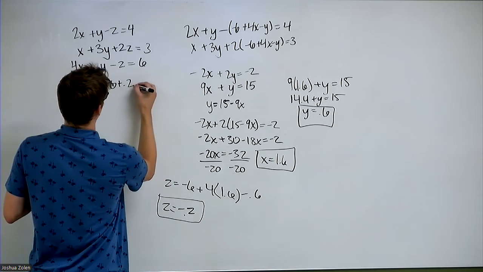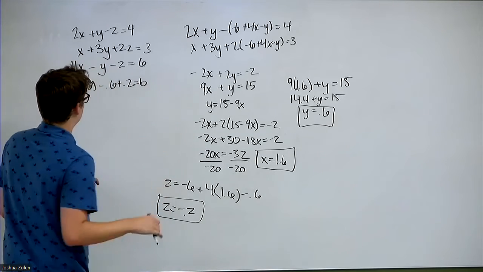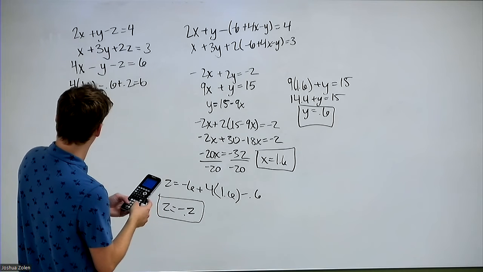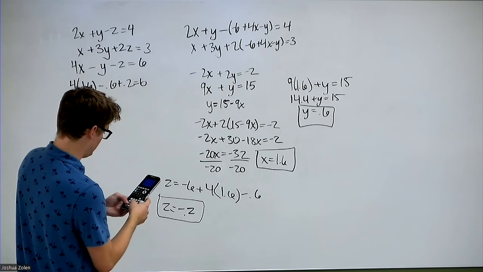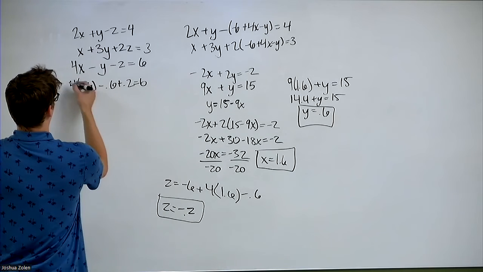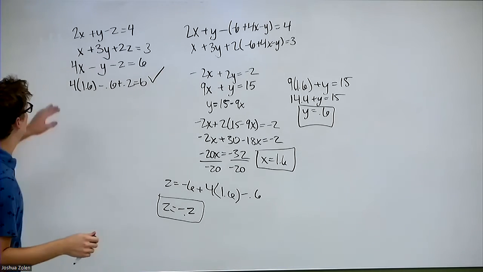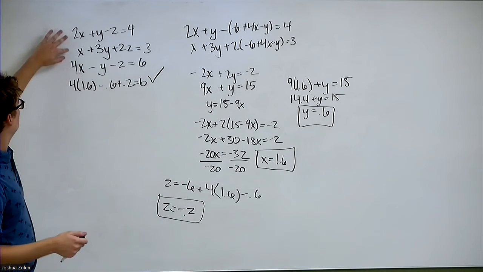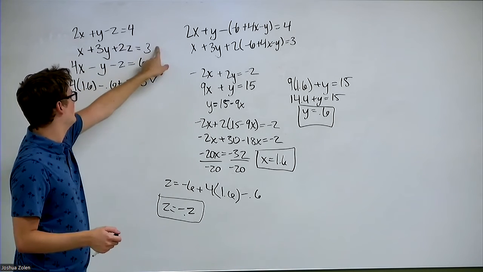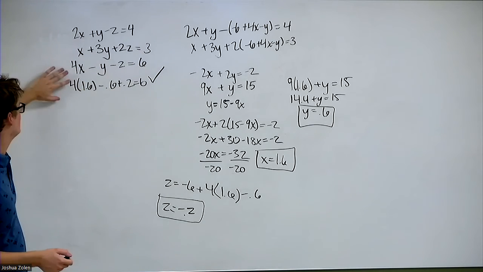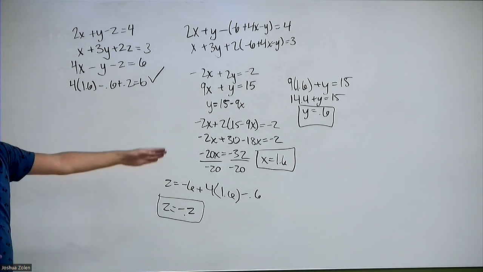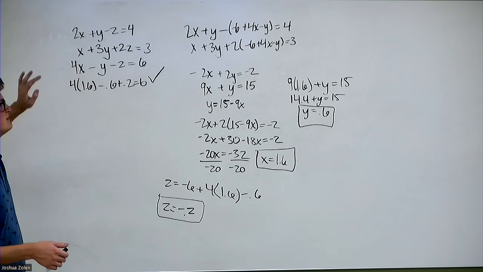So we have plus 0.2, and that should equal 6. And yep, that gets us exactly 6. So we can check that one off. We can also plug our three variables into these two equations right here as well. And that should also give us 4 and 3 if you are still not comfortable after checking this first one. But yeah, we did check it, so we know that our three variables are correct, and we have now solved this system.